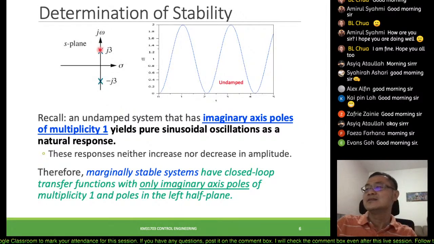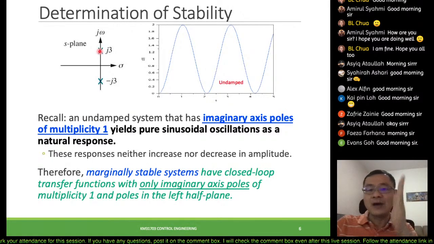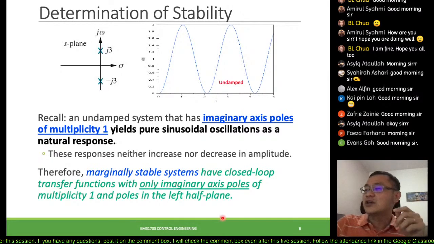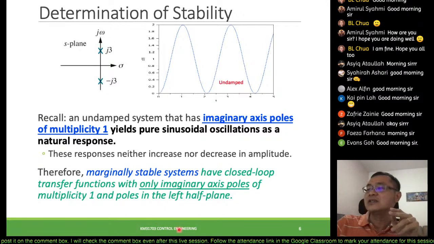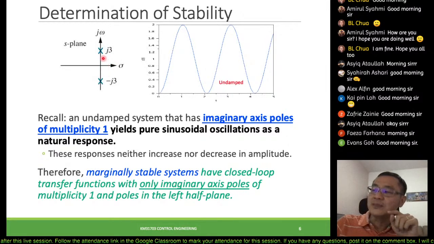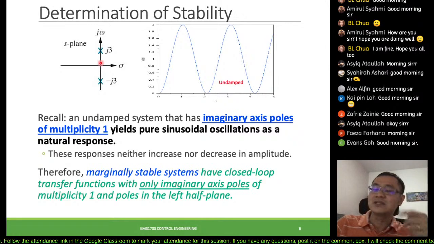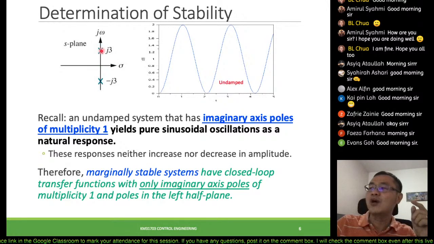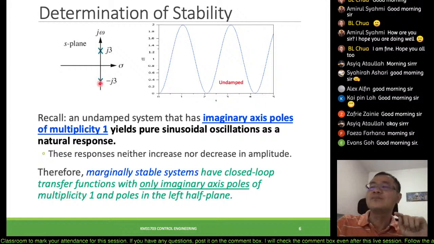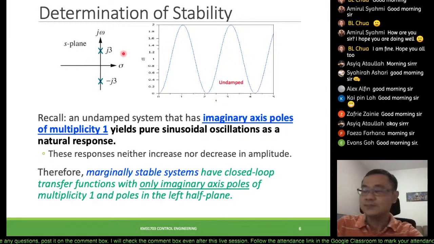Therefore we still consider it marginally stable, even though it lies on the imaginary axis. Only imaginary axis poles with multiplicity of one. Only one point, not many points at the same location, let's say in this case j3.